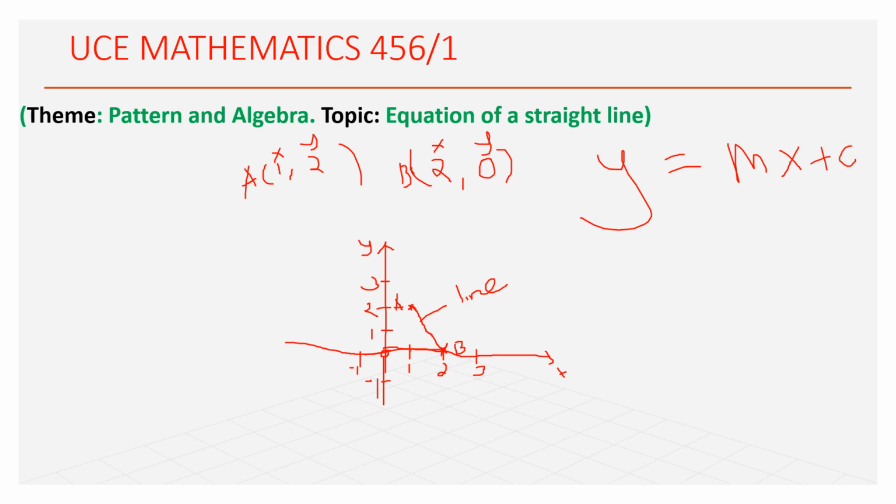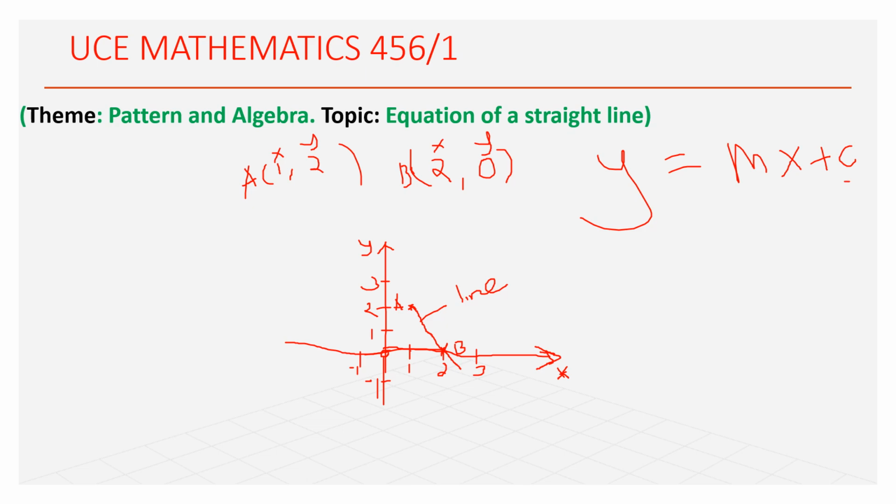This intercept can be the y-intercept or the x-intercept, depending on which axis is meeting the line. If you check keenly here, you can see that this line at B is cutting the x-axis, and at that point y is always 0.